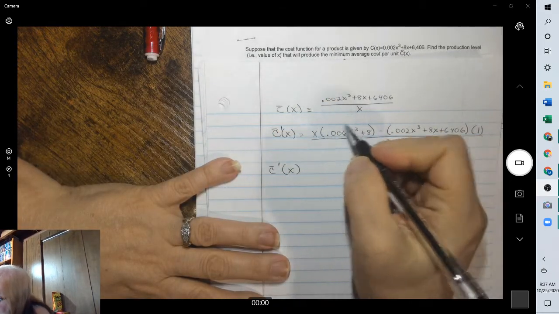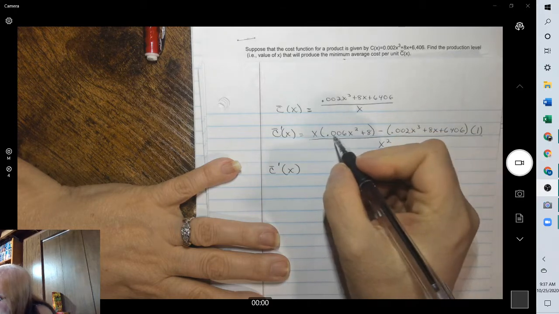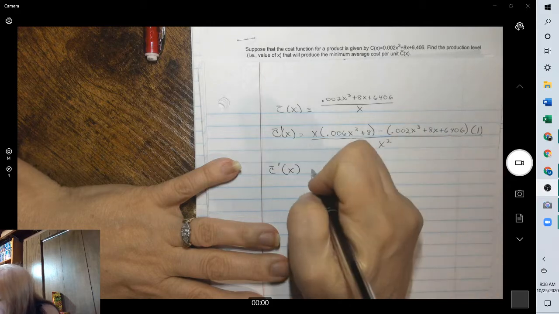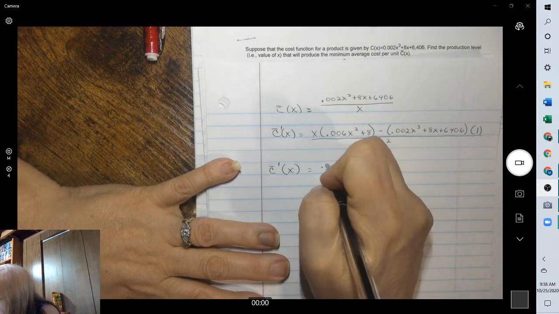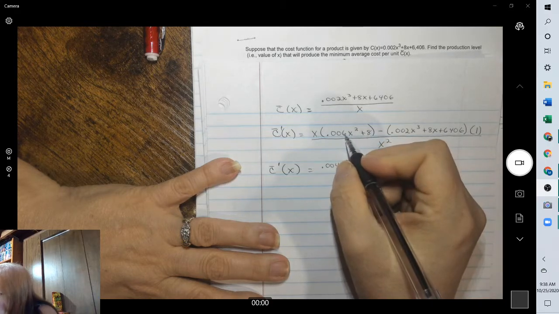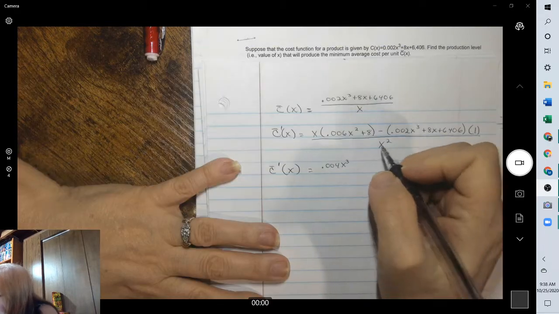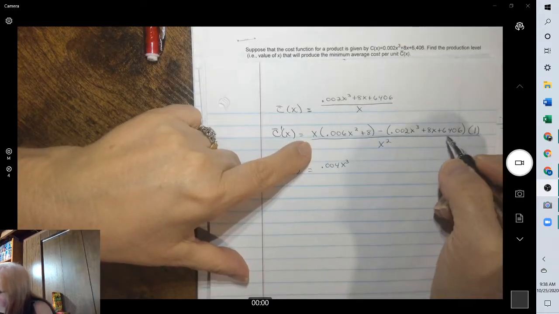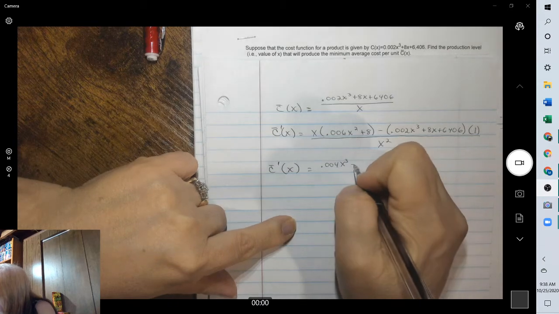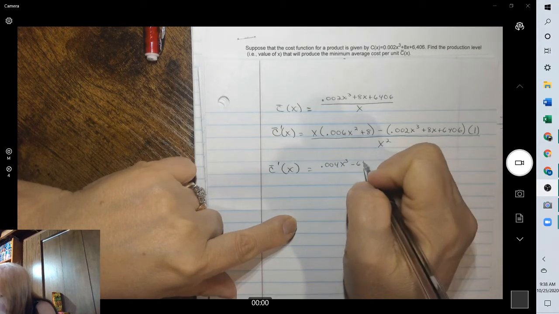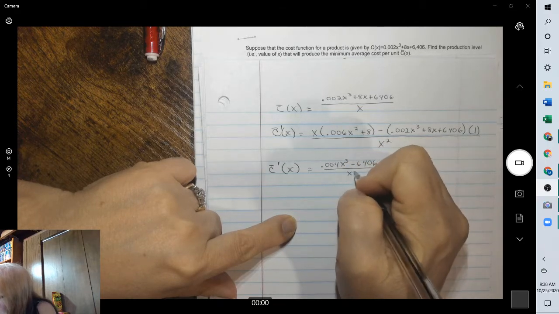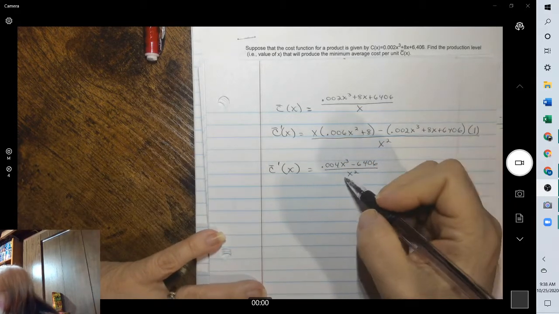Combining like terms, distribute the x, we get 0.006x cubed minus this one gives us 0.004x cubed. So this is 6x cubed and minus the 2. And then 8x and minus 8x cancels and leaves the minus 6406. So this is the derivative.